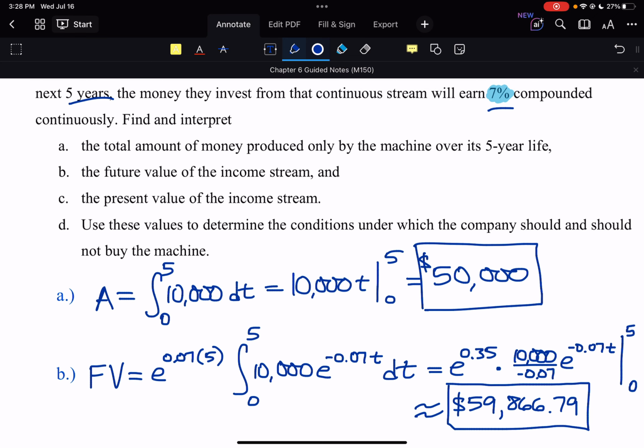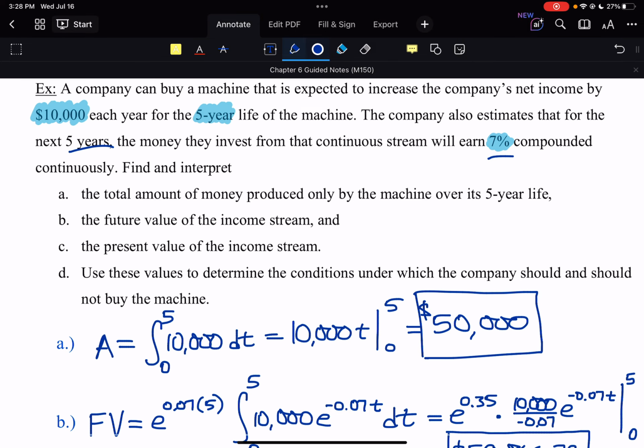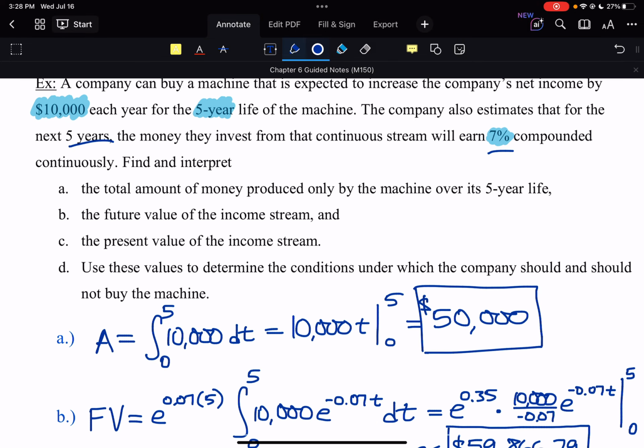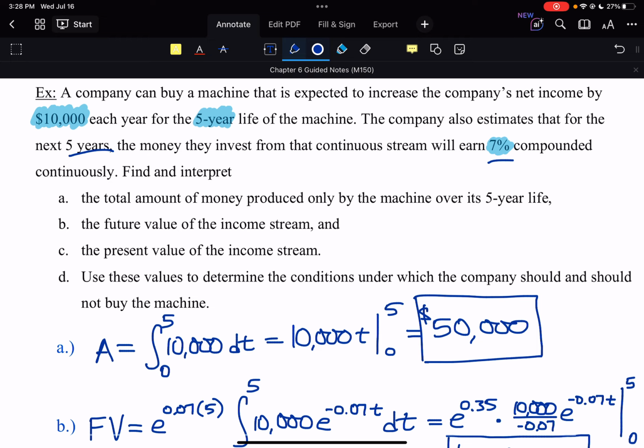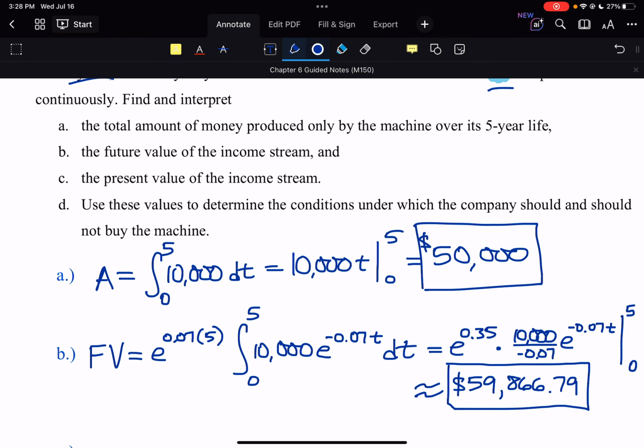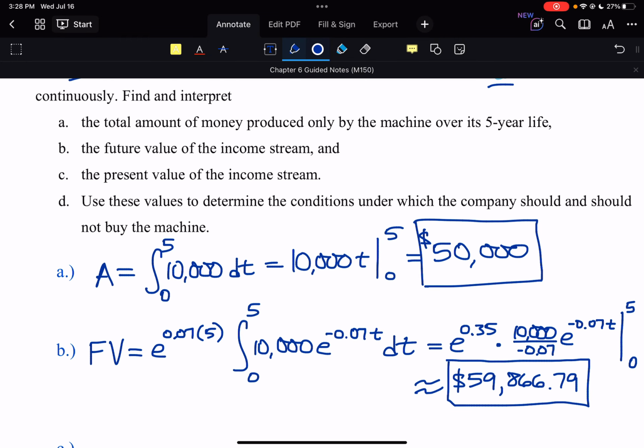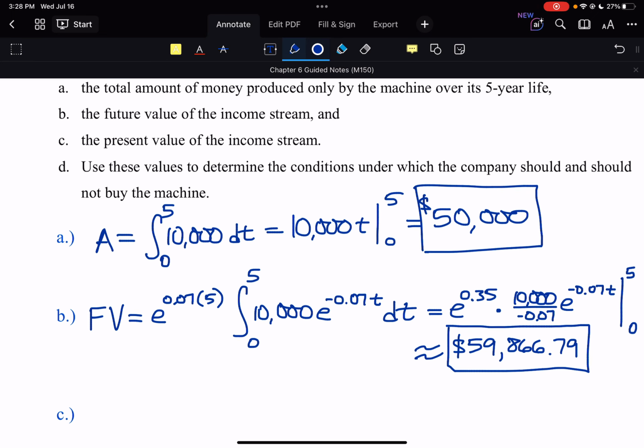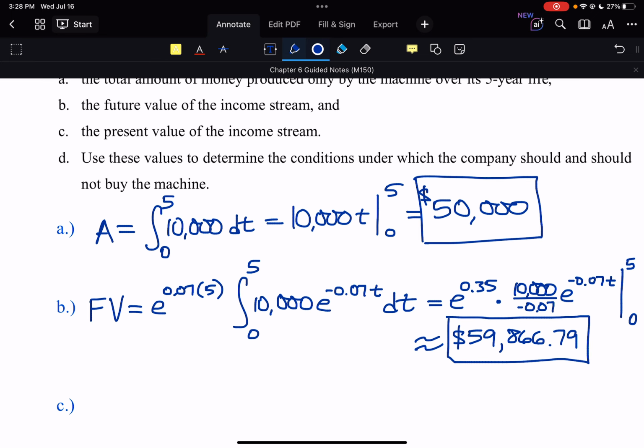So right now, the machine over the next 5 years will earn the company $50,000. If the company uses the income stream to then invest, they will earn $59,866.